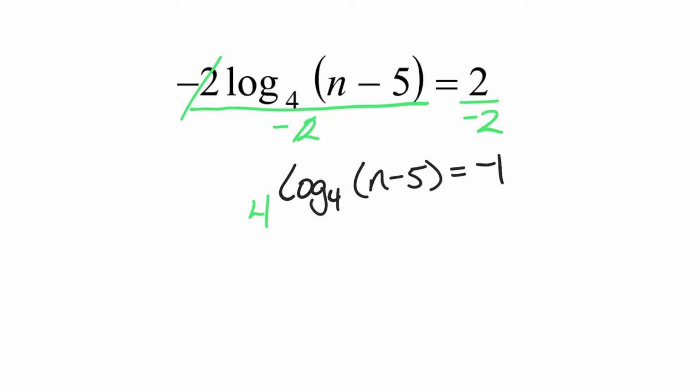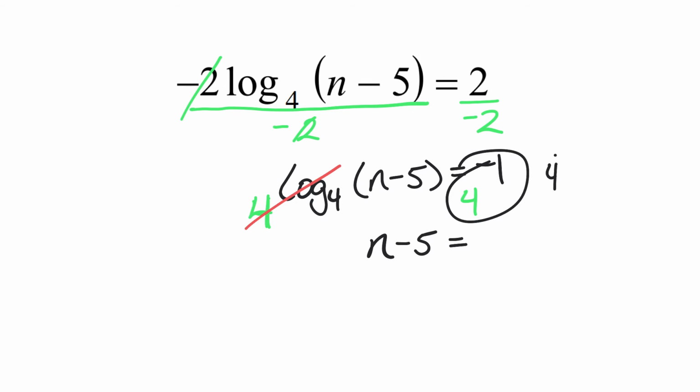So the way I get rid of a log base 4 is with a base 4. What I do to one side, I have to do to the other. So my log base 4 cancels my base 4. Now I have the n minus 5 on this side. And this is 4 to the negative 1 power. Remember, what a negative 1 power does is it flips this number. So 4 to a negative 1 power is equal to 1 over 4.